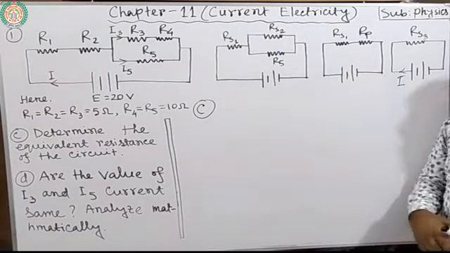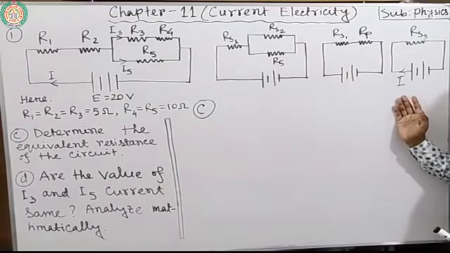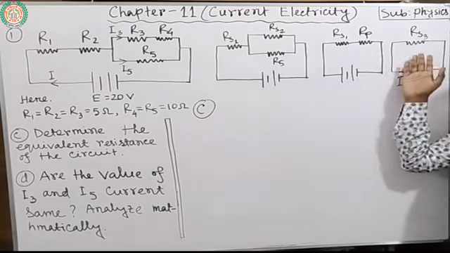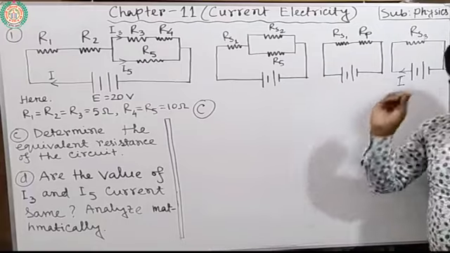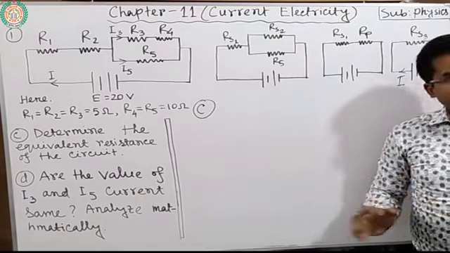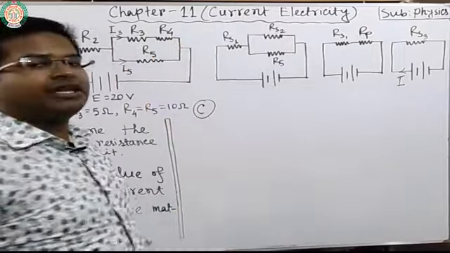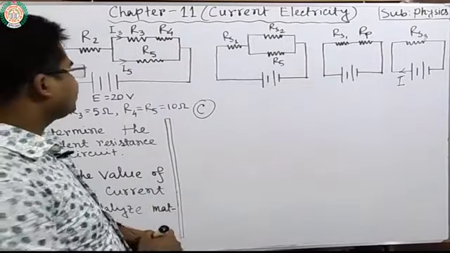Now we can determine this current. You do not necessarily need to draw this picture; I am drawing it just to make you understand. Okay, dear students, now let's see how we can determine the equivalent resistance of the circuit.